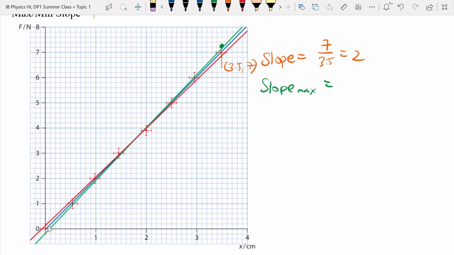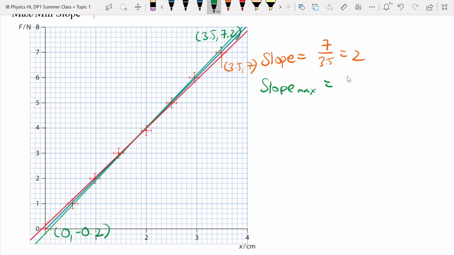Let's make this still 0, and then it's negative 0.2. Here in the top is going to be still 3.5, but now it's going to be 7.2, right? It's still inside the error bars.